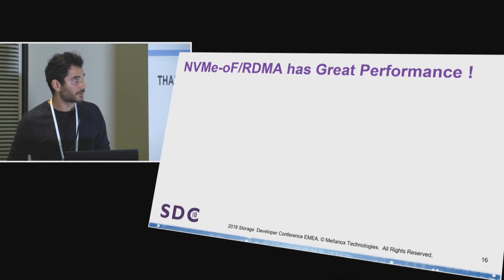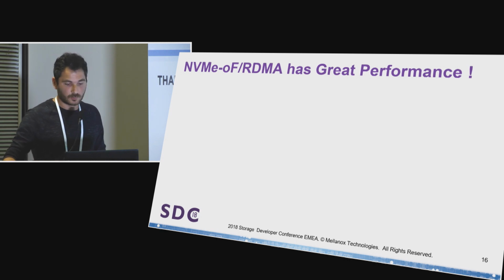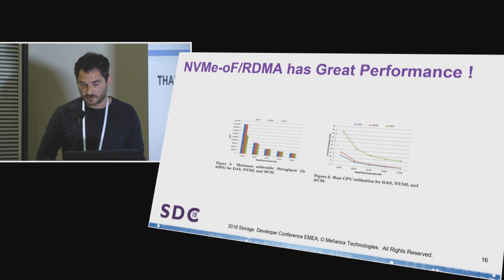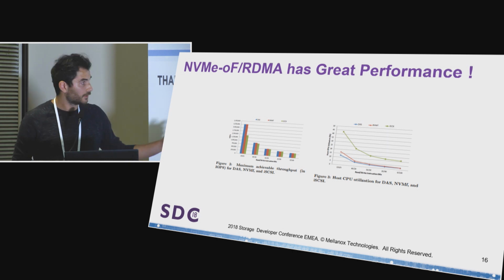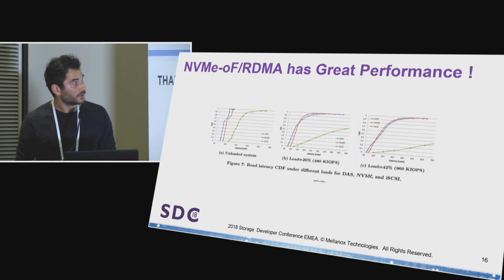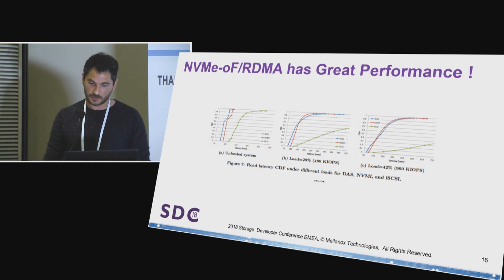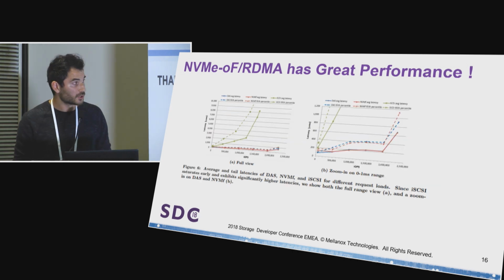As you saw in previous talks, NVMe over Fabrics performance is great. I borrowed this slide from Samsung Research that was posted a year ago, and we can see here the comparison between direct attached storage, NVMe over Fabrics storage based on RDMA, and the traditional iSCSI.